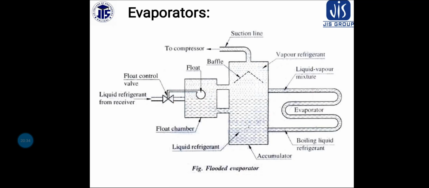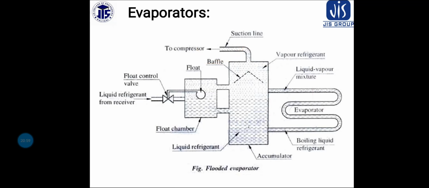Now liquid refrigerant from the receiver is coming, and the evaporator goes to the compressor, this is the evaporator to compressor, and the expansion valve, you can see. Okay, so from the receiver it is entering, and this is the compressor part.